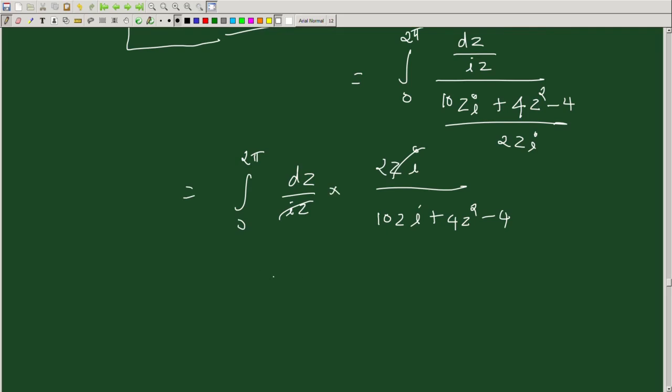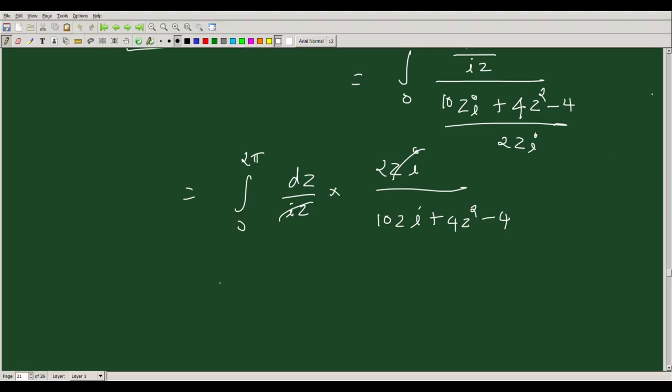Cancelling this 2zi, you will get 2. Let's continue. Cancelling iz here also, remaining 2 is taken out. Limit 0 to 2 pi, dz by denominator 10zi plus 4z square minus 4, right?